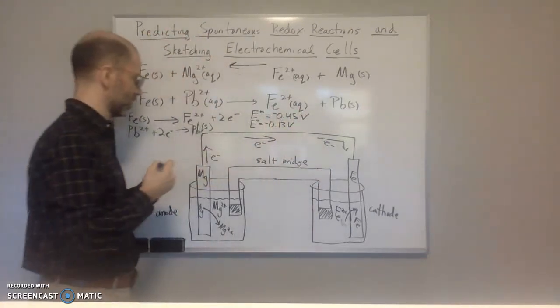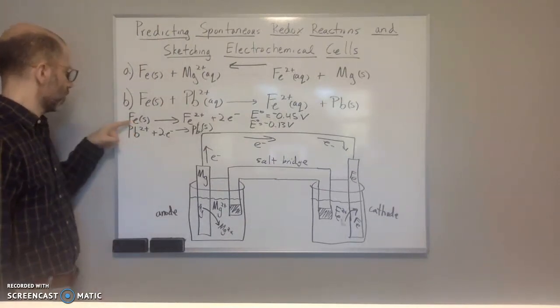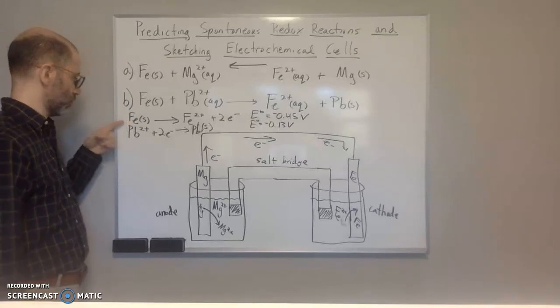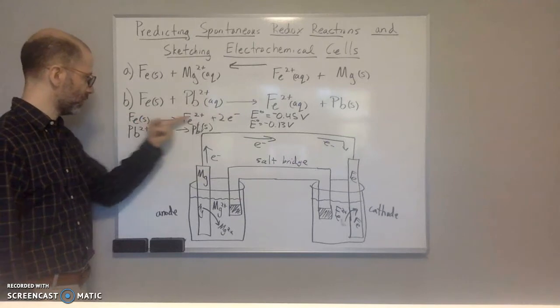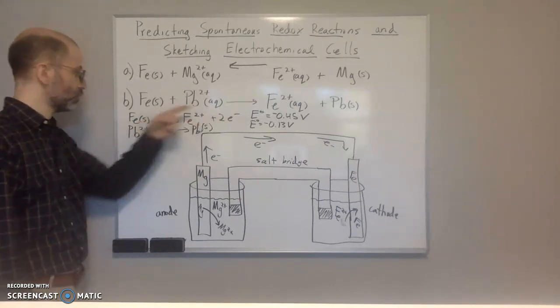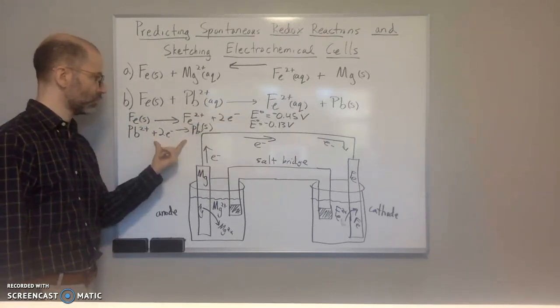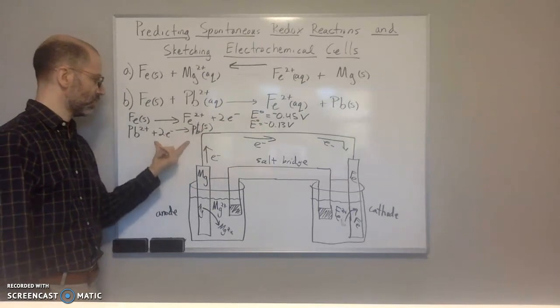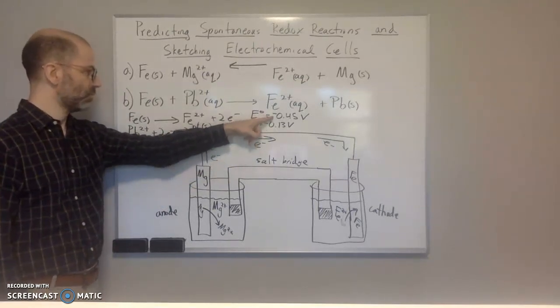And so what you can see here is this is going into oxidation. Oxidation is loss. So here we have iron being oxidized again, and here we have lead being reduced. But now you'll see that the electrode potential of this reduction half reaction is less negative than this one.